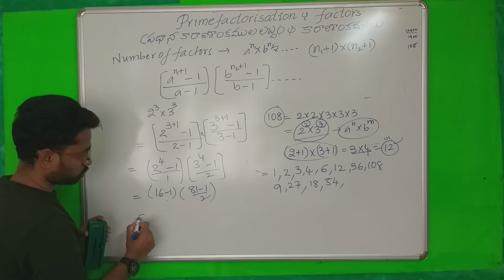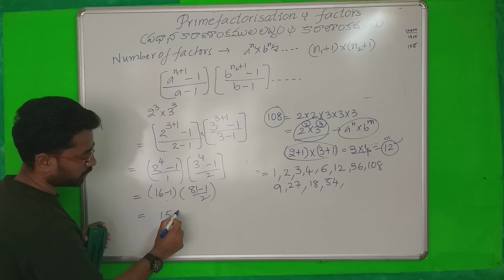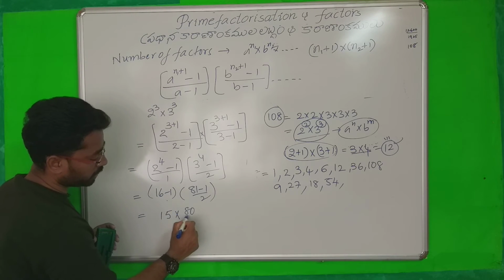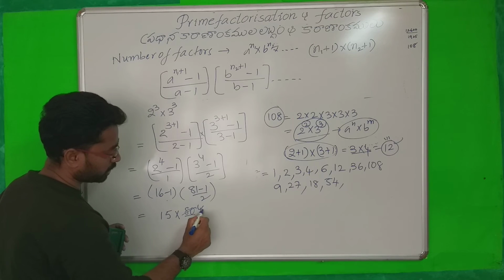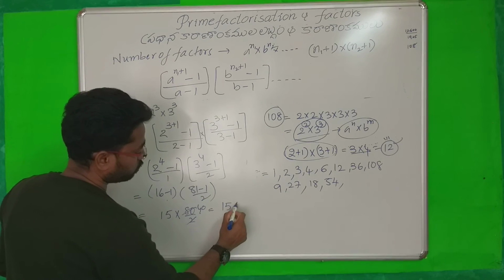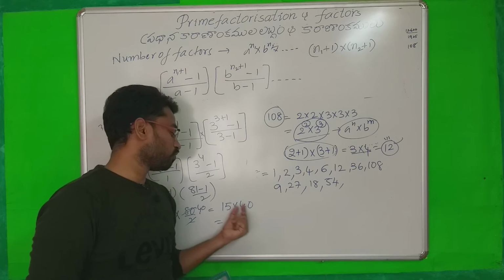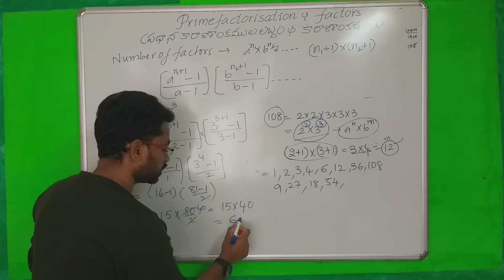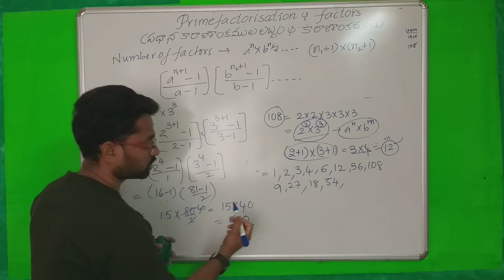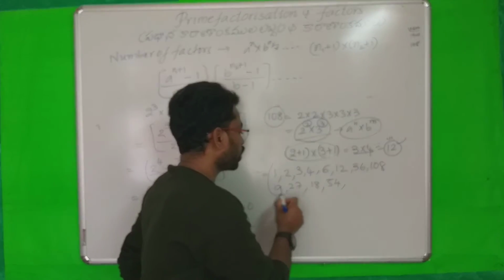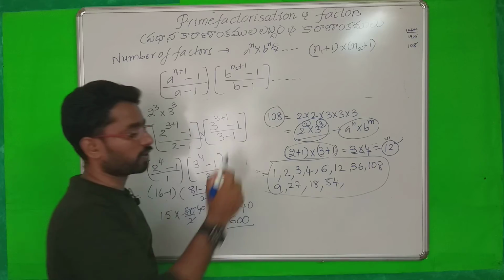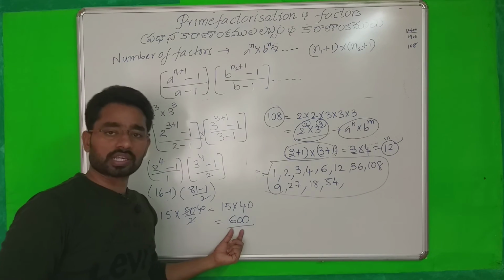So 15 into 80 by 2, 80 by 2 means 40. So 15 into 40: 4 fifteens are how much? You know that, 60, and 0, 600. So if you add all these factors, you will get 600.